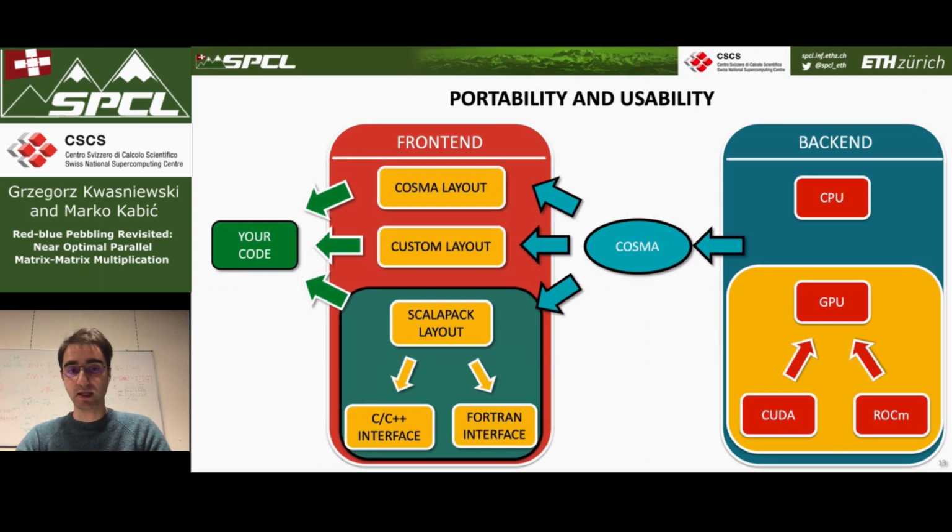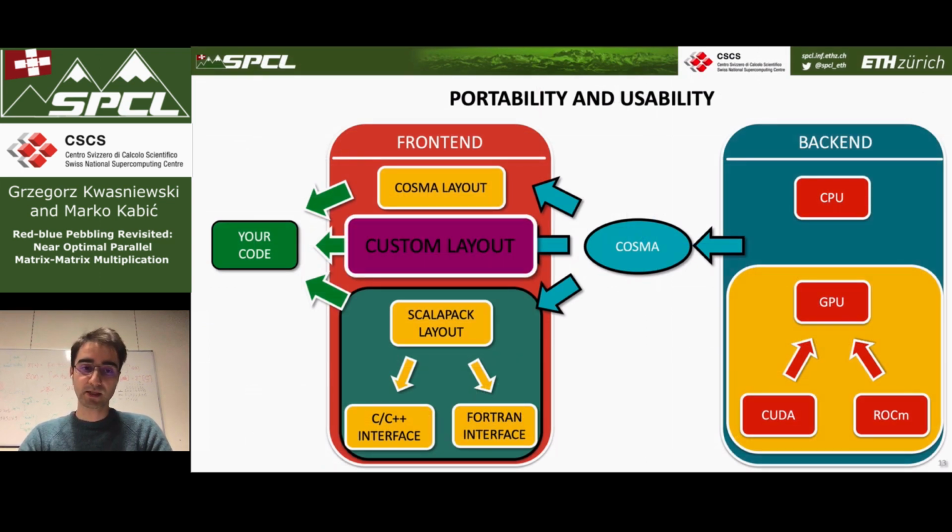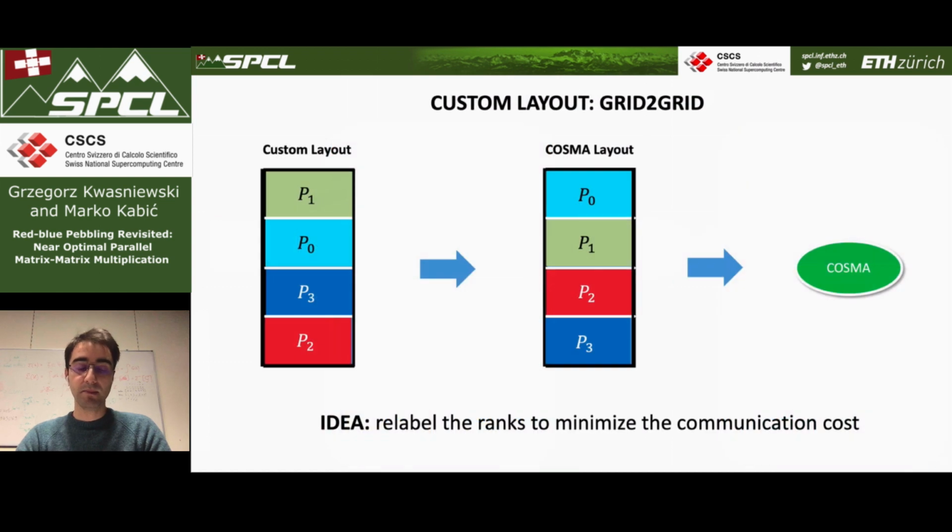Now, another interesting thing is the custom layout. Let's see how it works. Maybe your matrix is distributed as shown on the left, but COSMA assumes a different distribution, as shown in the middle. What can we do in this case?